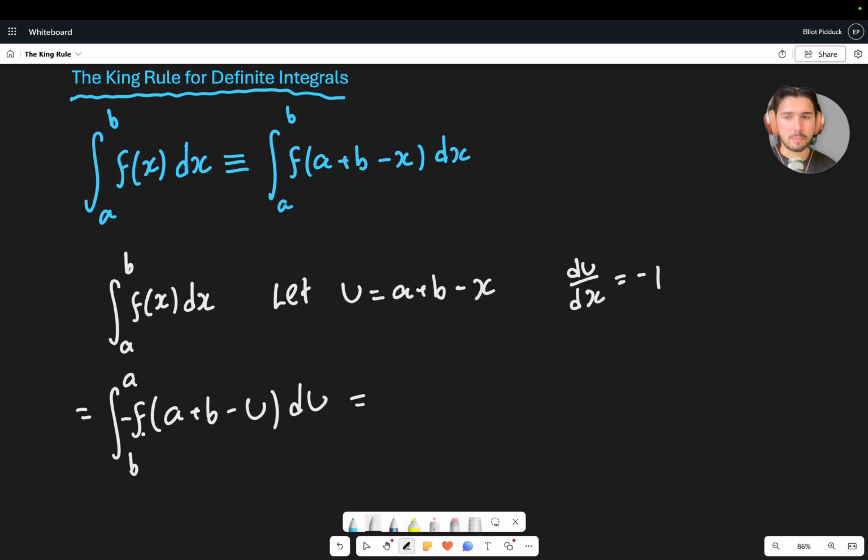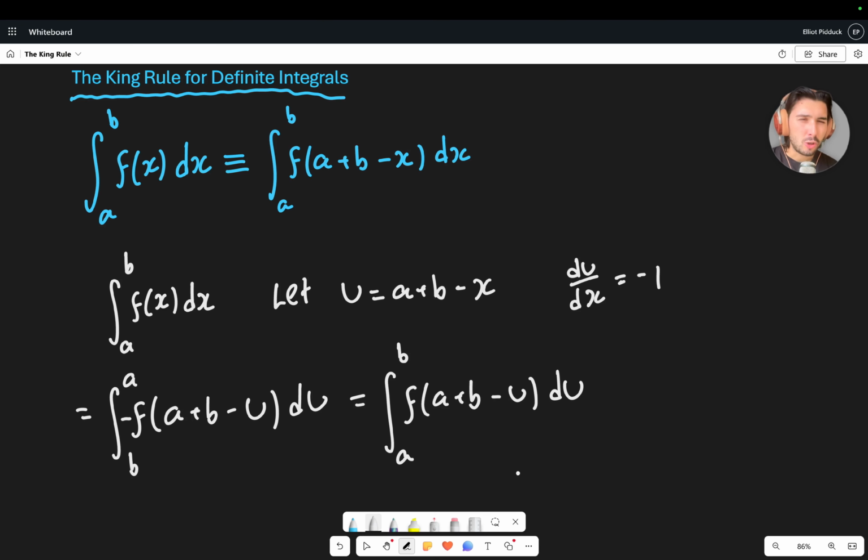And because there's already a minus there, I can rewrite this as the integral from a to b again, and get rid of the minus as well. So all in one step, I'm getting rid of the minus and swapping the limits around. And then I've got f of a plus b minus u du.